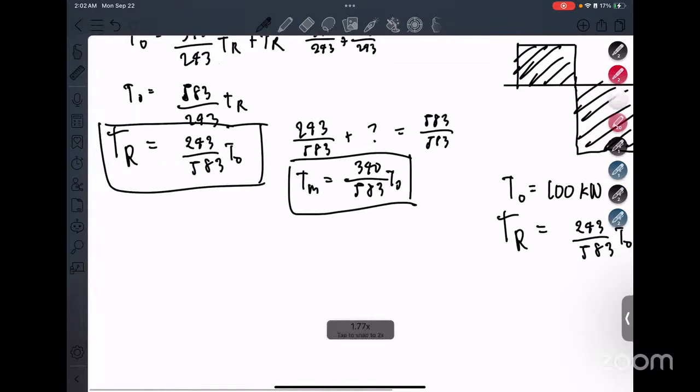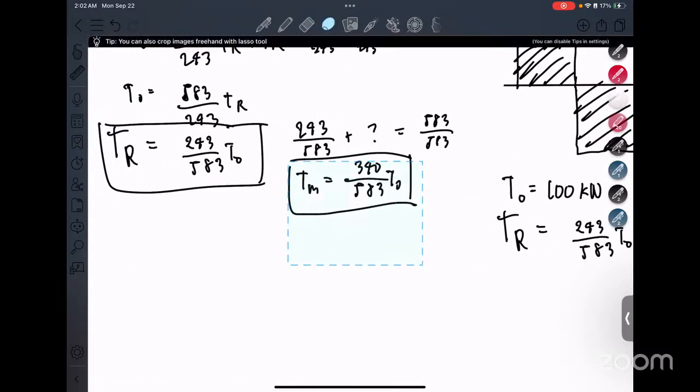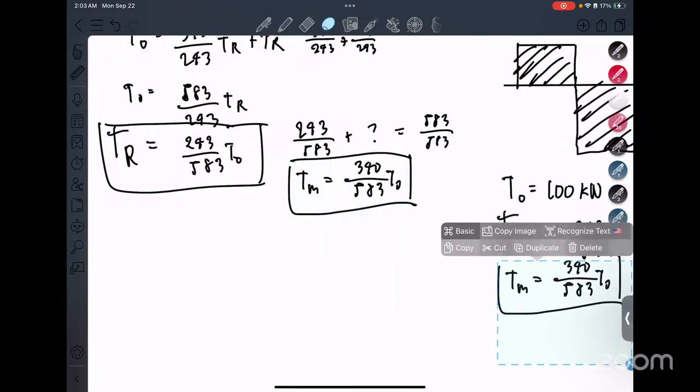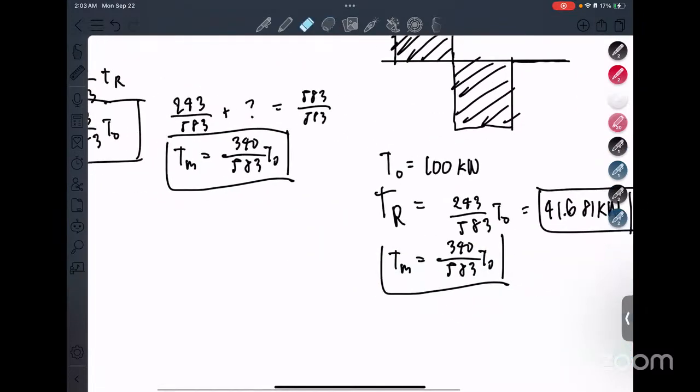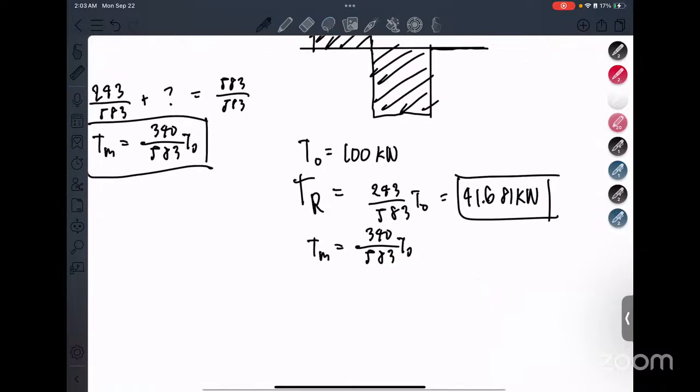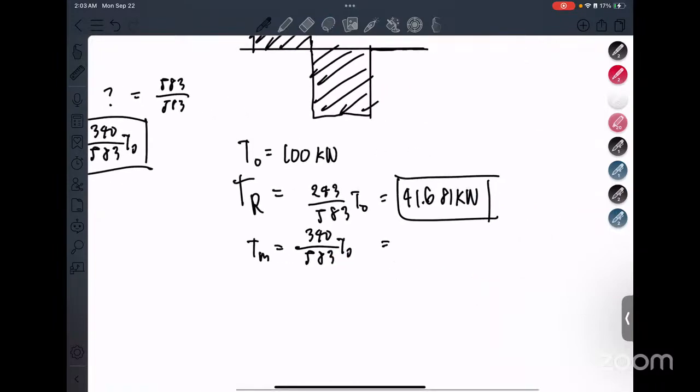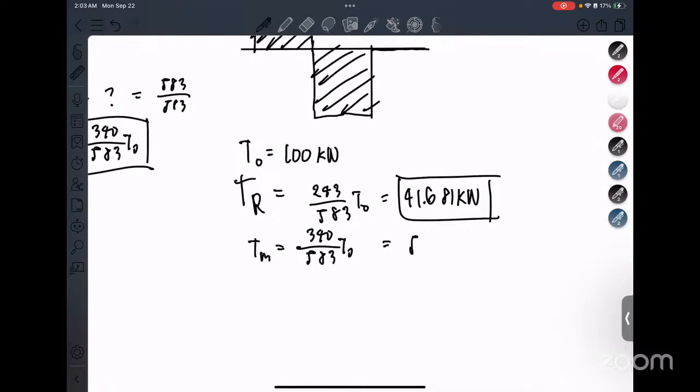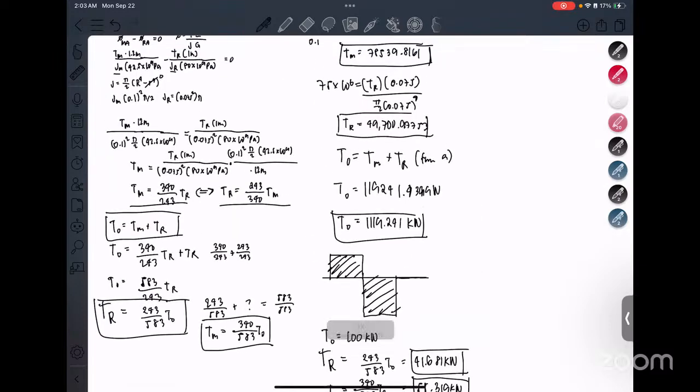And then we can also find out that this is 58.319 kilonewtons. So these are just your answers for C. Quite straightforward for this item.